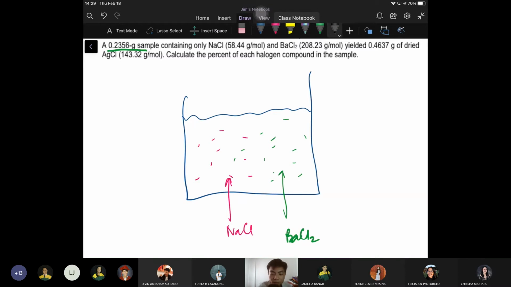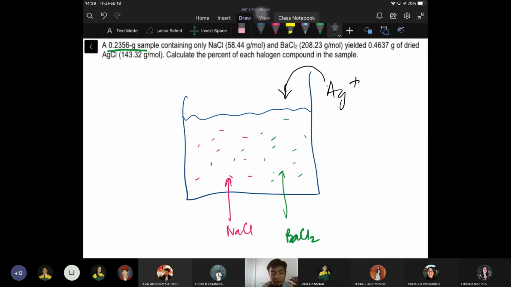Then, what's next? No? Ang ginawa sa problem is that naglagay siya ng silver cation. Naglagay siya ng silver ions. On purpose? To precipitate all the chloride ions. No? So, pag nilagyan mo yan ng silver, what will happen is that yung silver pati yung chlorine magsasama, they will be turned into a precipitate. Okay?